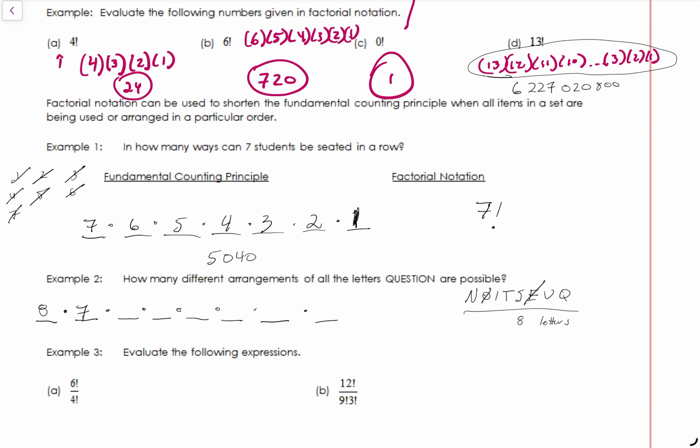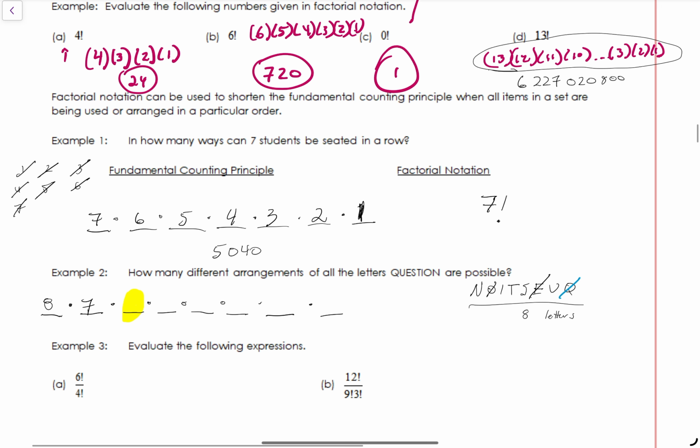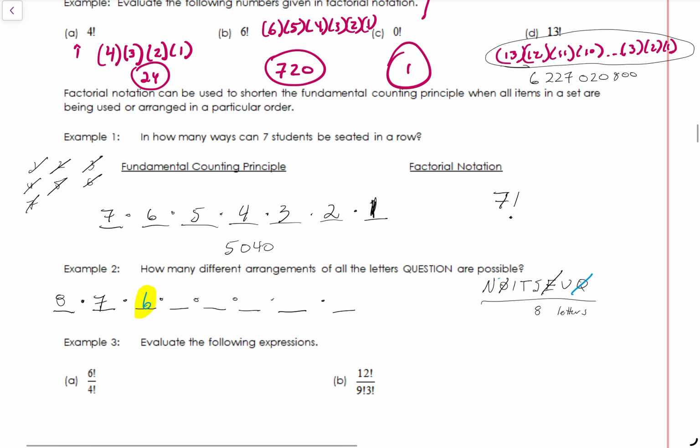And then I'm going to make a decision about the third place, but I have 6 letters left, so I'm just going to put a Q there. It doesn't really matter. So I had 6 choices. The next one, there's 5 choices remaining. And then 4. And then 3. And then 2. Last but not least, there's 1.